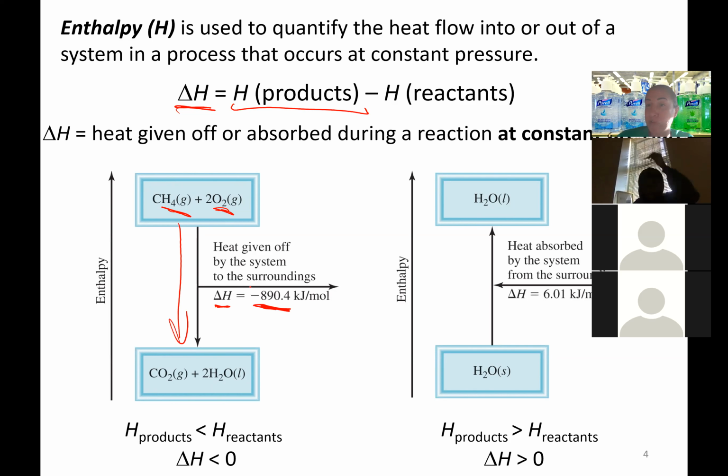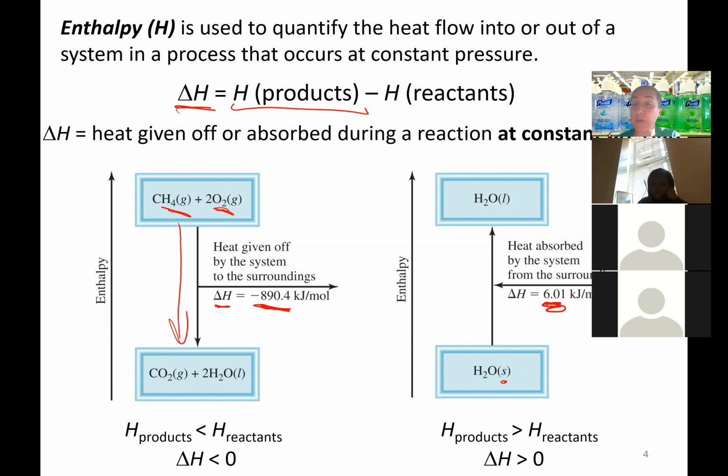So that is how you would define negative or positive in endo or exo. On the opposite side of that, you would have an endothermic process. Here you have ice, water solid, and ice will stay ice unless you do something to it. If you heat a piece of ice, that means the surroundings is putting energy into the system, and it turns into liquid.